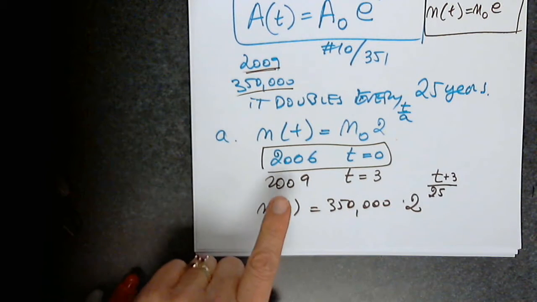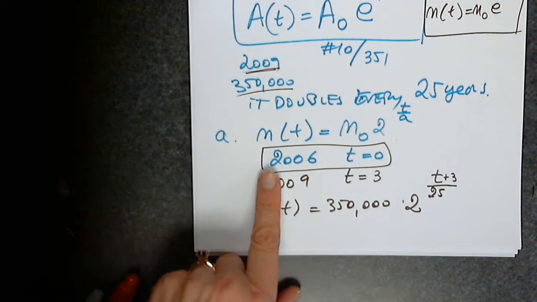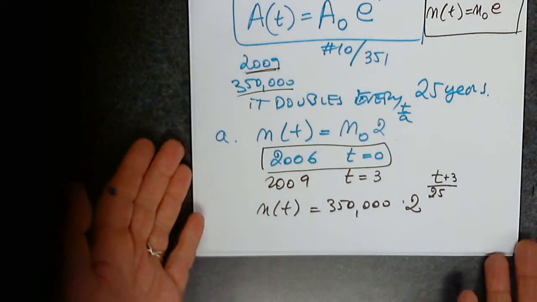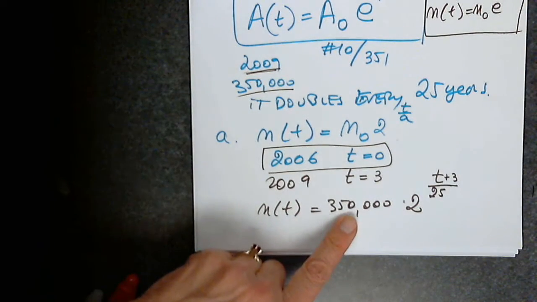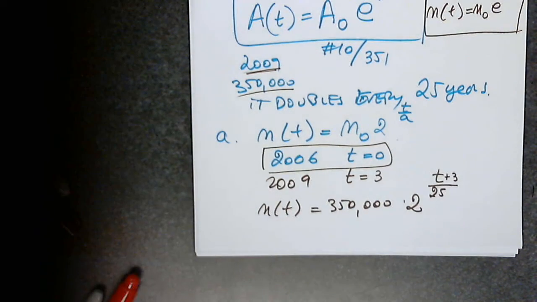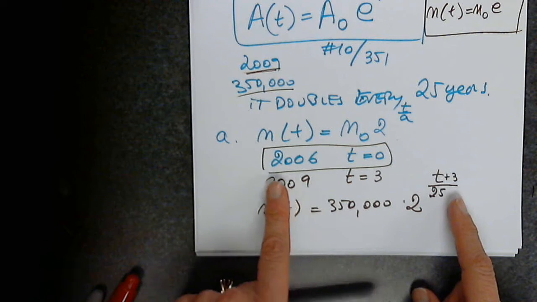Only because they're asking us for 2006, right? They want us to come up with a formula, not for 2009, where we have the initial value, but they want us to find the formula for three years prior to that.